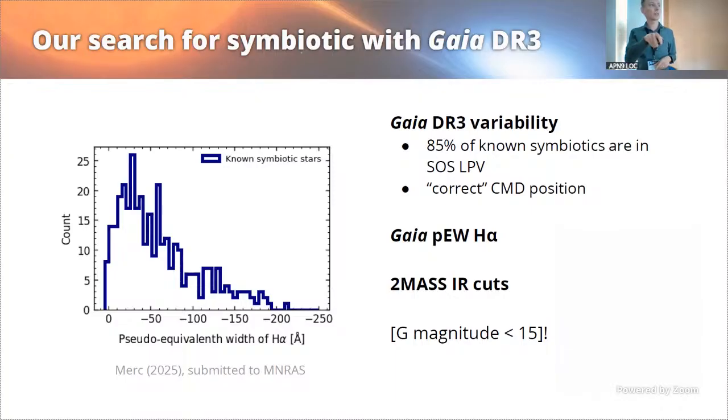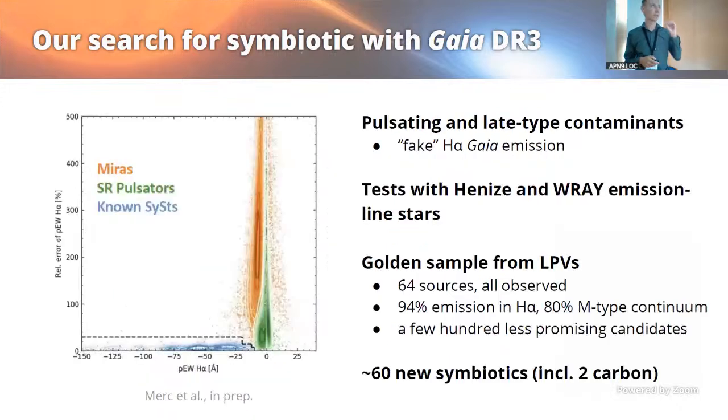And just a side note is that we limited ourselves to pretty bright objects. So this work can be extended to something fainter, but then the data from Gaia can be not reliable and so on. And we wanted to do the follow-up for all the objects. We made some effort to eliminate from our sample the pulsating and late-type contaminants, because we found out that these very late-type stars, because of the molecular bands in the low resolution, can look like H alpha emitters, but it's just because at that position you have bands on both sides.